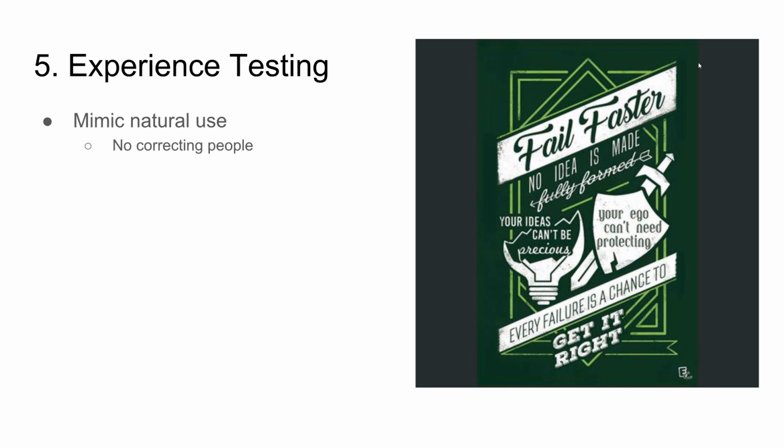It can be very tempting to correct people and say, just do this one thing and then it'll work fine. But if you do that, you're depriving yourself of very important data, because you need to know where people have trouble figuring out your experience so you can make those parts of it smoother.